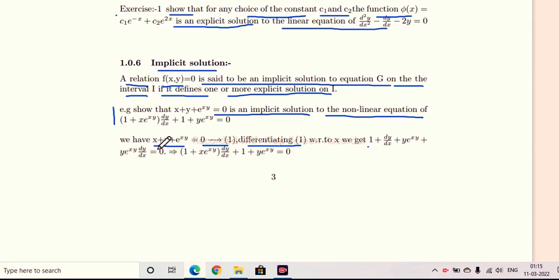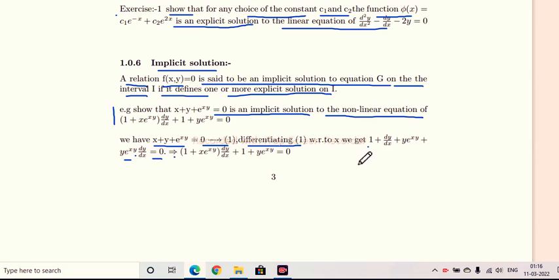If I differentiate with respect to x, x gives 1, y gives dy by dx, plus e to the power xy becomes, by chain rule, y times e to the power xy plus x times e to the power xy, and differentiating y we get dy by dx, and the right side is 0.